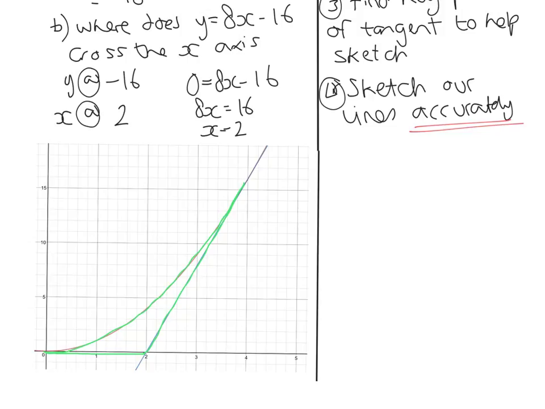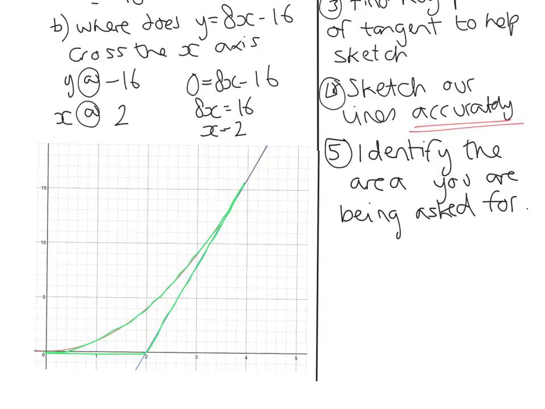Okay, so now we need to work out what we need to integrate to find that area. Just clear that off so we can actually see what we're doing. So if we consider our curve first, the area of the curve which we're interested in is from where it intersects down to there, and following the curve round.